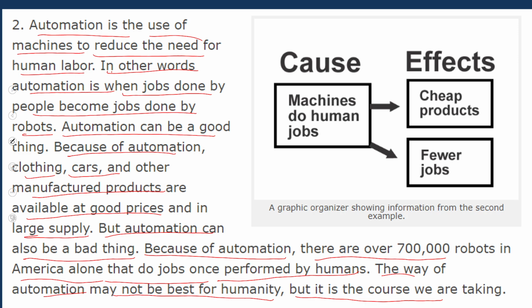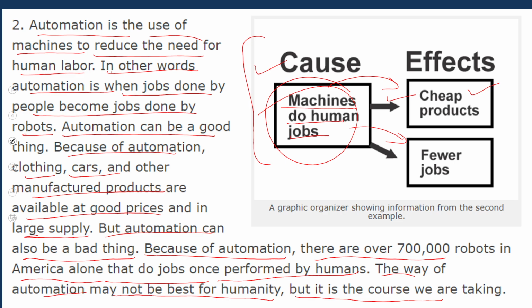Now, students, we can see that there is an organizational pattern mentioned over here. We have covered this in a chart for your understanding. Machines do human jobs. And when machines are doing human jobs, there will be results: cheap products and fewer jobs. Cheap products is a very good effect.